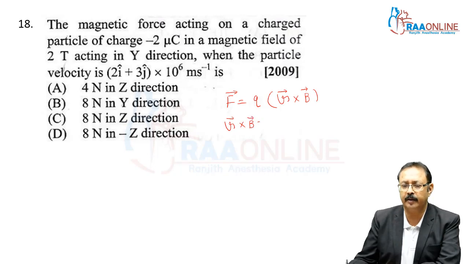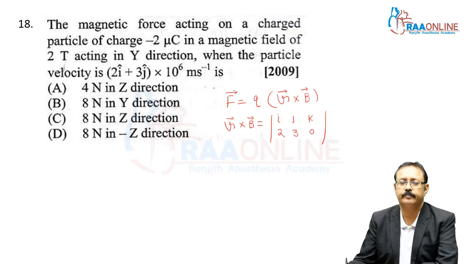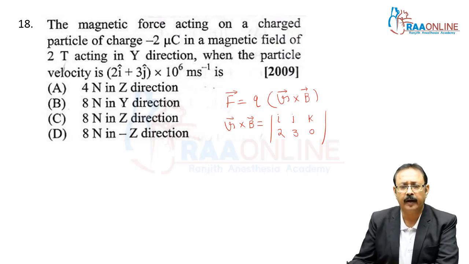Cross product means determinant. We have to make one determinant. First row I, J, K. In V, we are getting coefficient of I 2, coefficient of J 3, K 0. And into 10 to the power 6, that is constant, so we are taking outside the bracket.